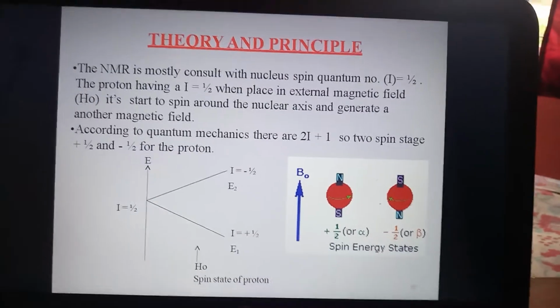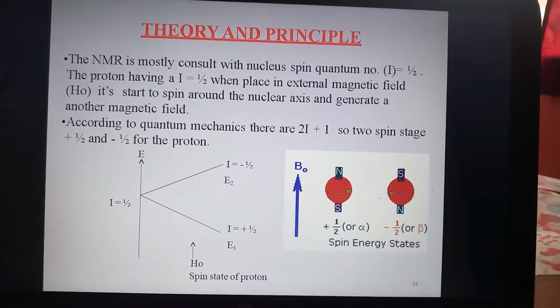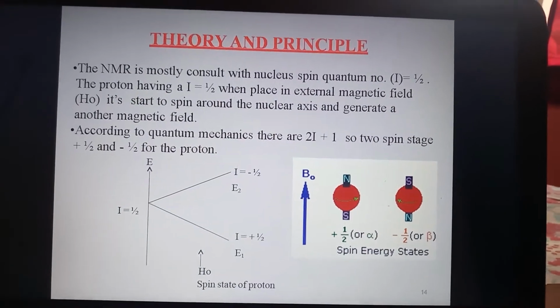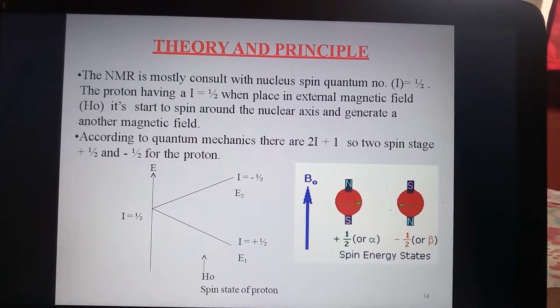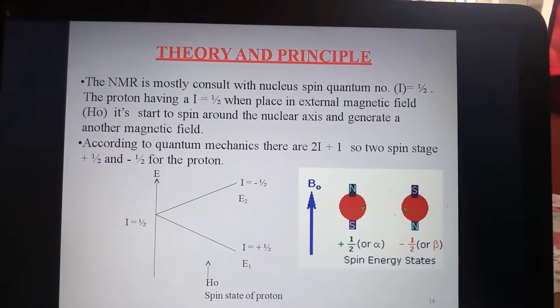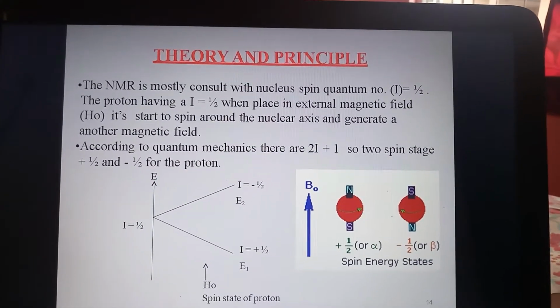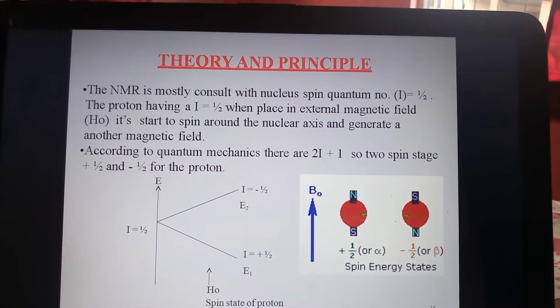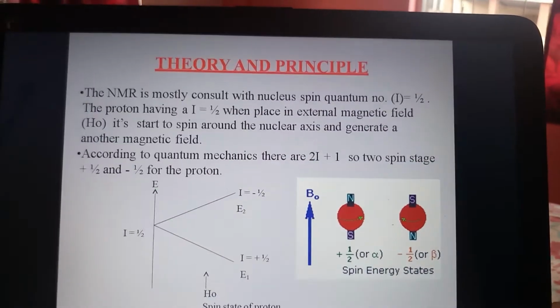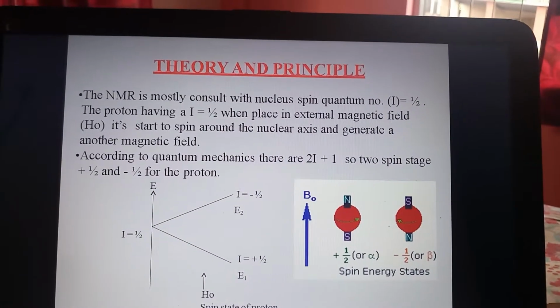Theory and principle. NMR is mostly concerned with nuclear spin quantum number I equal to half. The proton having I equal to half, when placed in an external magnetic field H0, starts to spin around the nuclear axis and generates another magnetic field.